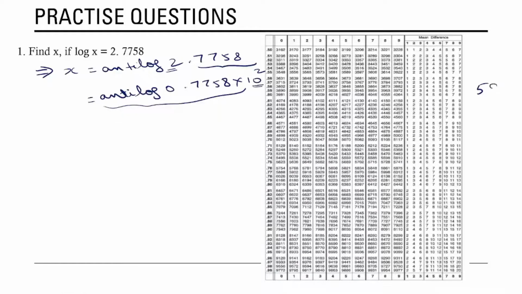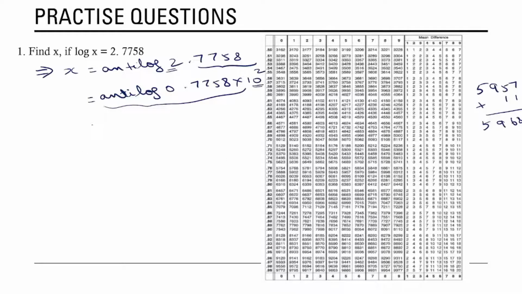So it is 5957. Then plus the next digit, which is 8. In the same row 0.77, we look for the mean difference under column number 8. It is 11. So 5957 plus 11 is 5968.